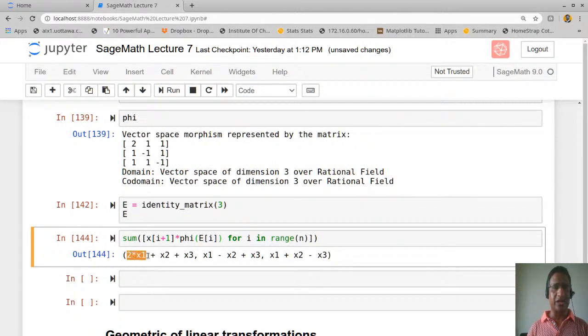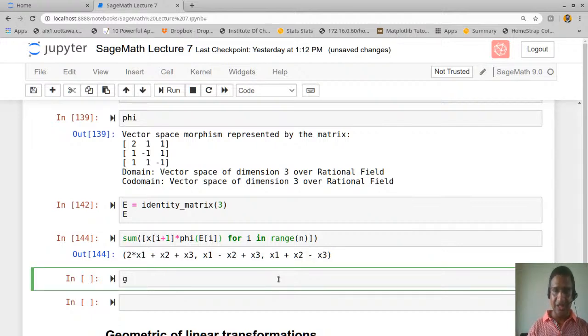So this is the expression for this linear transformation. The first coordinate is 2x1 plus x2 plus x3, the second coordinate is that, and the third coordinate is x1 plus x2 minus x3, right? And of course, if you want, you can check whether this is the same. Let me define g of (x1, x2, x3) as a list: first coordinate, second coordinate, third.